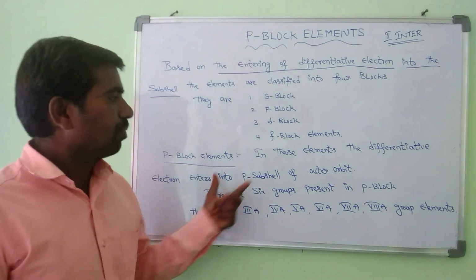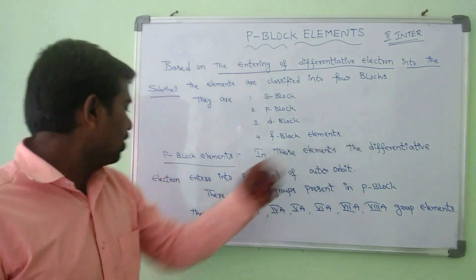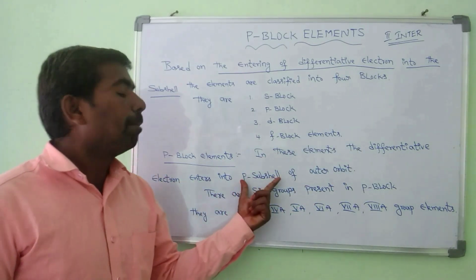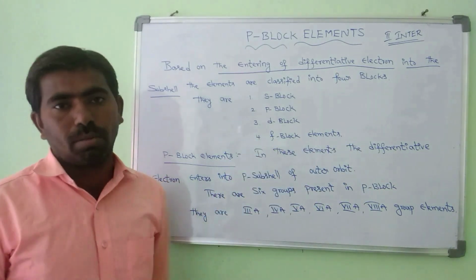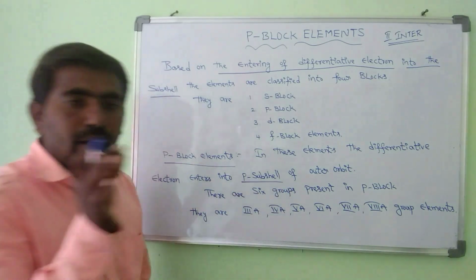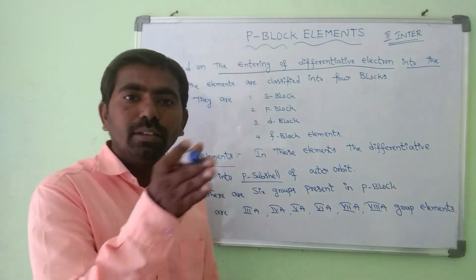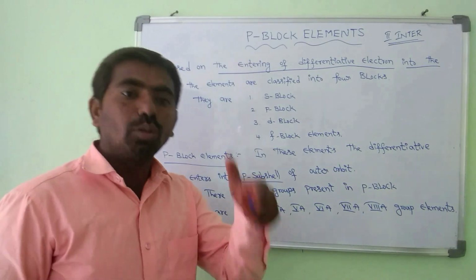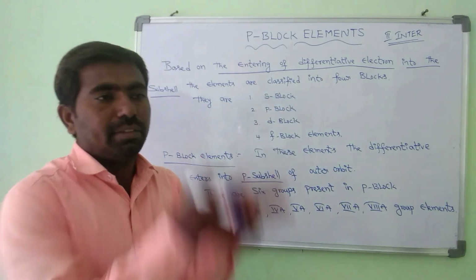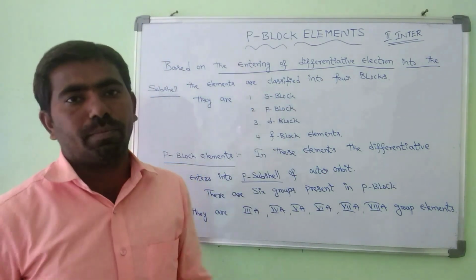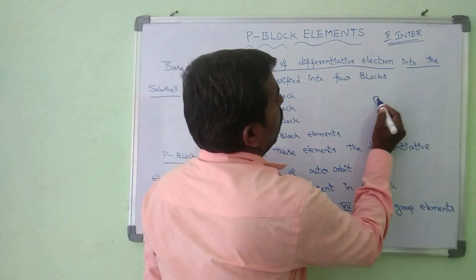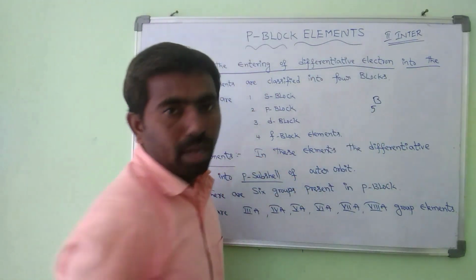P block elements. In these elements, the differentiating electron enters into the P subshell of the outer orbit. For example, if the differentiating electron enters into the P subshell of the outer orbit of any element, that element belongs to the P block. Let me take boron as an example.